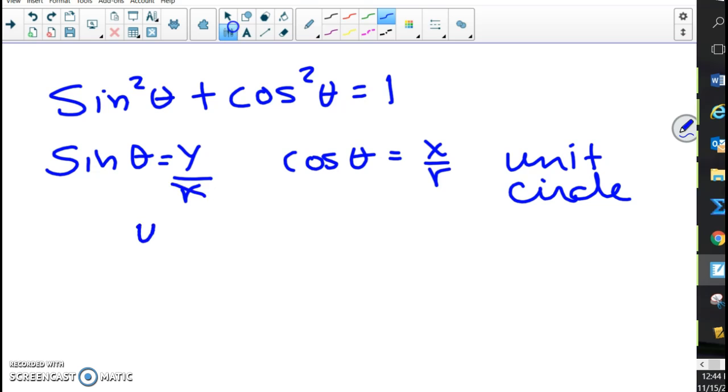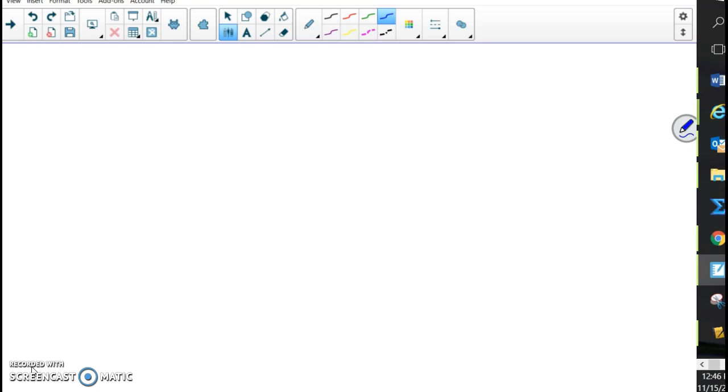Sine theta equals y, and so sine theta squared is simply y squared. Cosine theta is x over r, and our r value is just 1, so cosine theta is x. Cosine squared theta is x squared. And we get our simple fact, x squared plus y squared equals 1, the equation of a circle with a radius of 1.